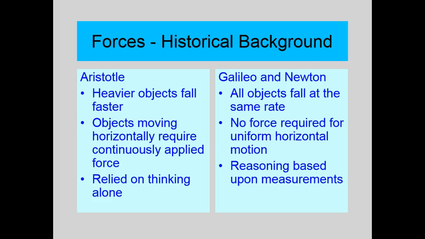Roll the same ball down that, is it going to stop as fast? No, because it's well lubricated, for instance, okay? Not having no resistance, less resistance anyway. So therefore, no force is required for uniform horizontal motion as long as there's no opposing force as in friction or air resistance or something else.